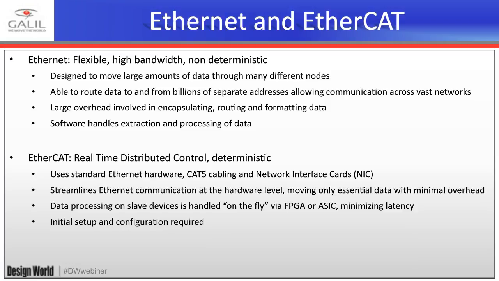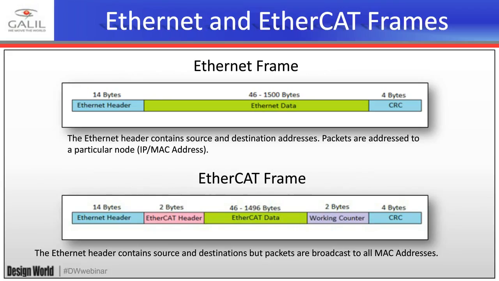So before an EtherCAT network can function, both the slave and the master have to agree on where and when each byte is transmitted. There's only a few differences between an Ethernet frame and EtherCAT frame on the surface of it. As you can see, the Ethernet frame is a header, data, and a CRC.